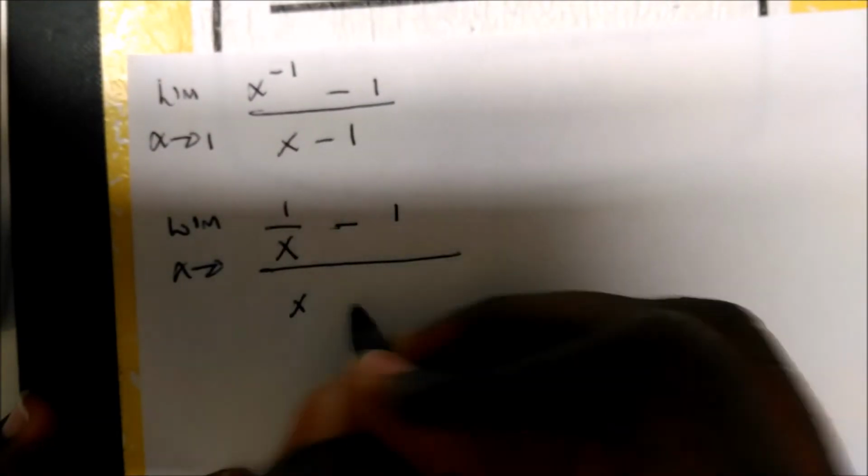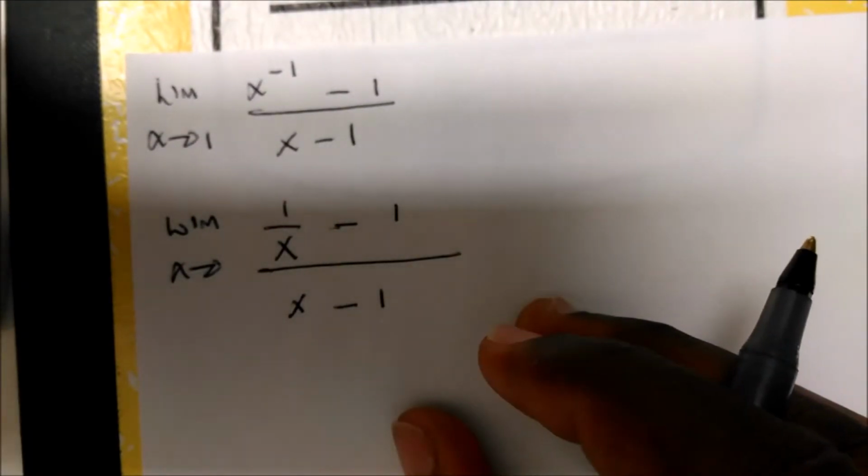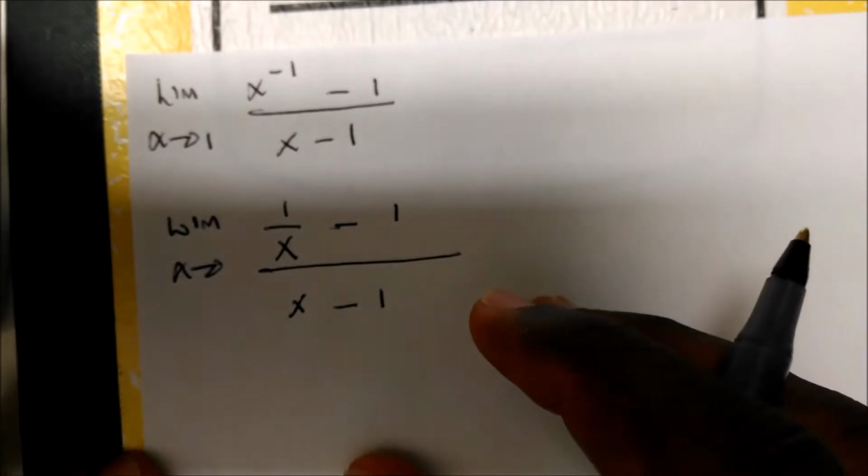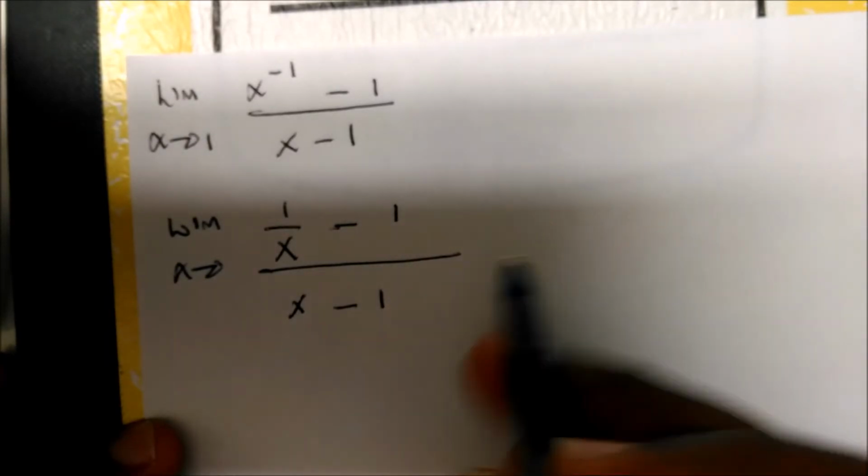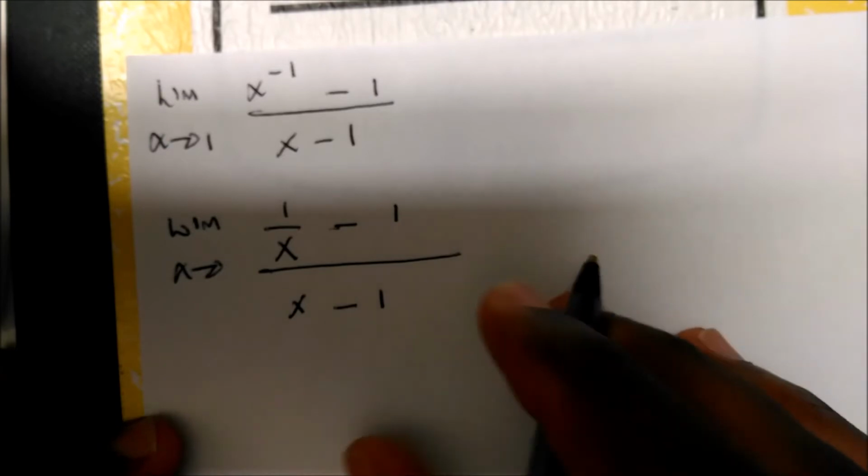So I'm going to flip this negative 1 to just be 1 over x. This is the same thing as x to the negative 1 power, minus 1, divided by x minus 1, right? Now we could simplify, but to simplify, we have to clean up this top first.